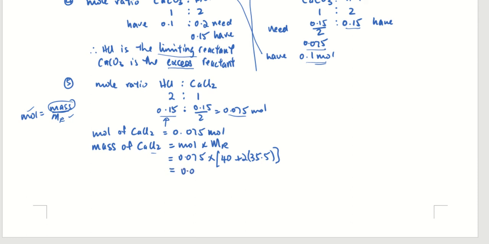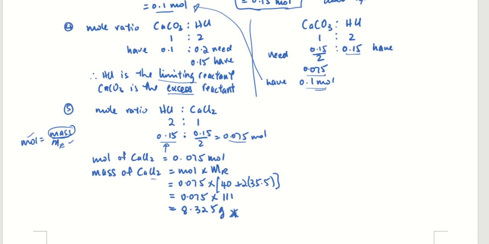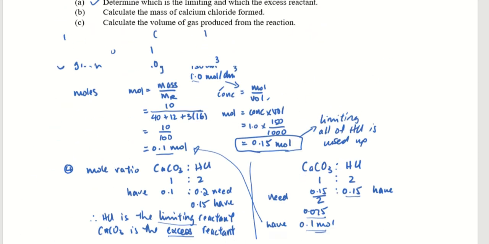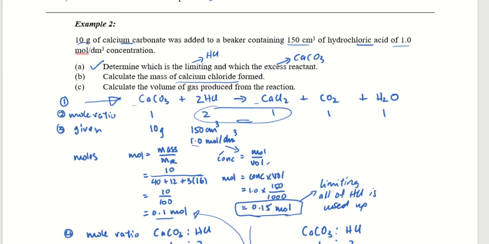So this will be 0.075 times 111, giving us a mass of 8.325 grams. Okay, so we have calculated the mass of calcium chloride formed in this reaction, which is 8.325 grams. So part B is done.